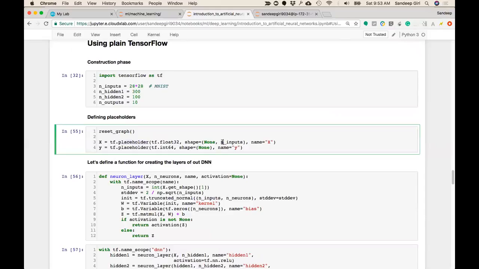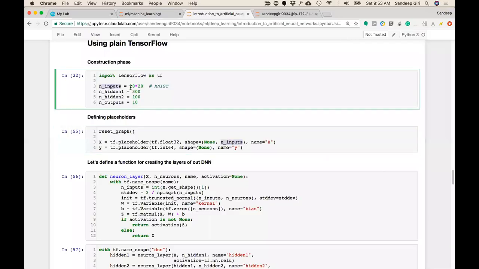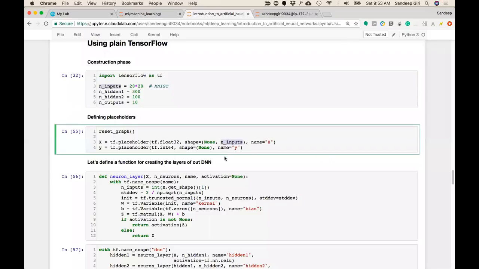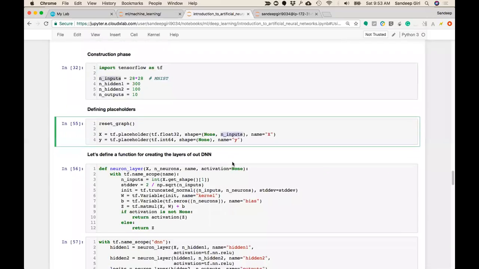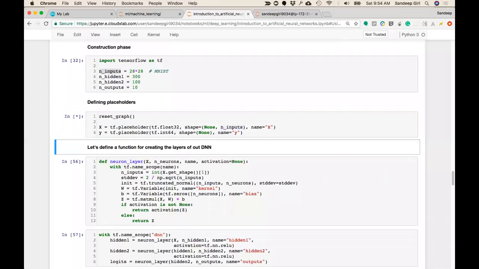Capital X, we are not defining the total number of rows because we don't know that. The total number of rows could vary, and number of columns in this capital X is equal to number of inputs, which is 28 by 28. Those are the total number of pixels in each image. So the capital X has these many rows, which is infinite, and the number of columns equal to the number of pixels. Okay, wonderful.